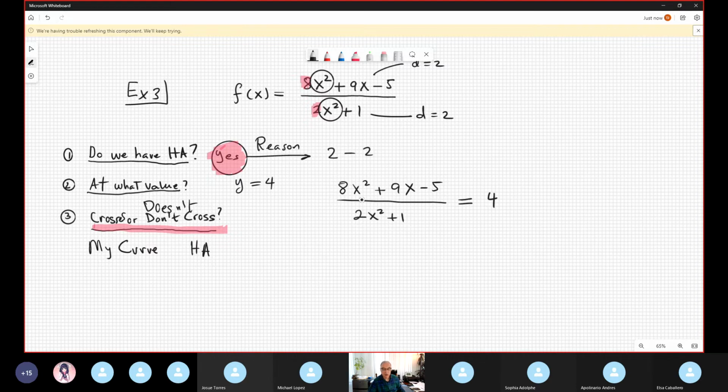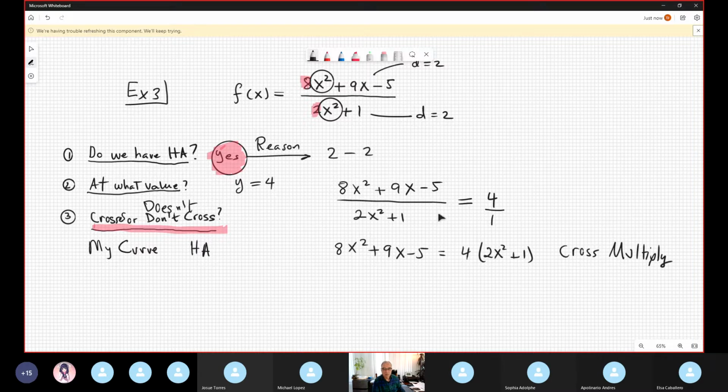Let's do it quickly because it's too easy. You apply cross multiply here: ax squared plus 9x minus 5 times 1 is equal to 4 times 2x squared plus 1. Cross multiply. Do you see that?